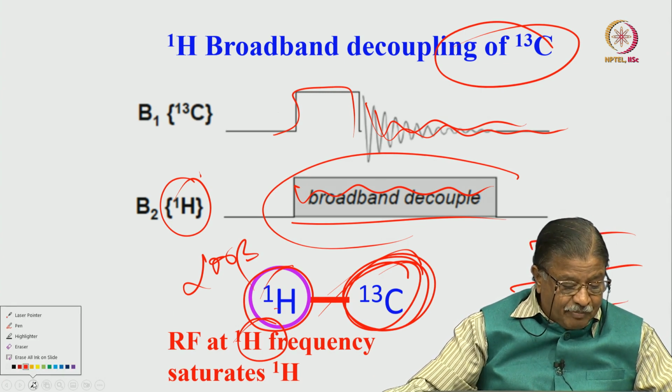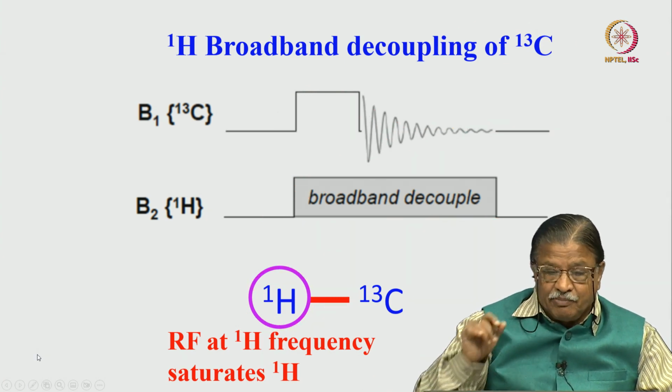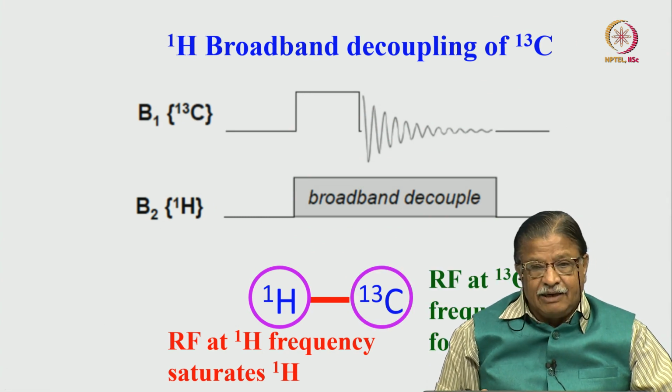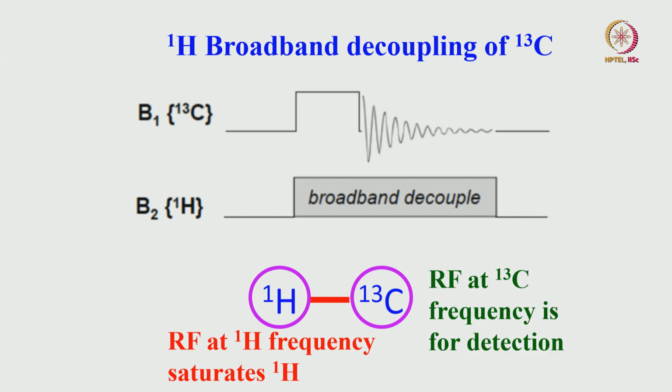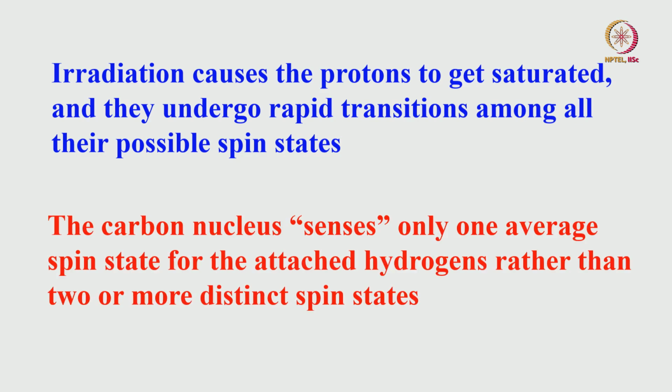So when you apply the other RF power at the proton channel and you collect the signal, you will break the coupling between all protons and all the carbons. So irradiation, this is what I said, causes the proton to get saturated, and the spins undergo rapid transition among all the possible spin states. The carbon nucleus senses only the average spin state, not either the alpha state or the beta state.